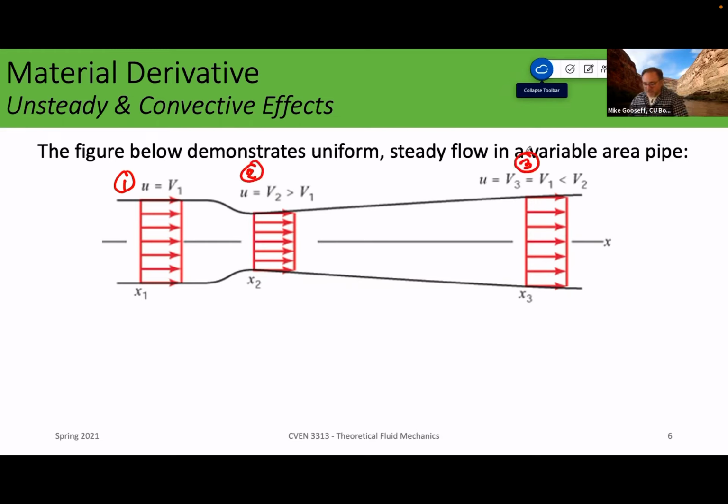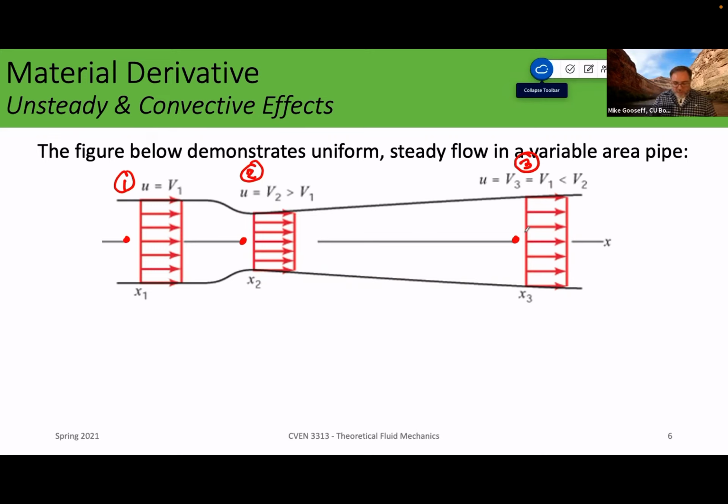As we get down to 3, we flare back out to a more uniform cross section. As indicated here, we have uniform velocities across each cross section, so we're not accounting for any friction with the walls, that kind of thing.